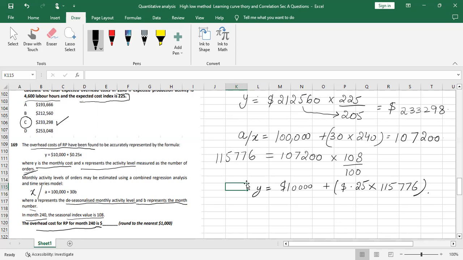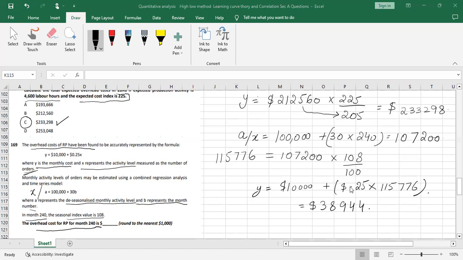So you can calculate the value. Y is 38,944. Right, everyone? Any question?